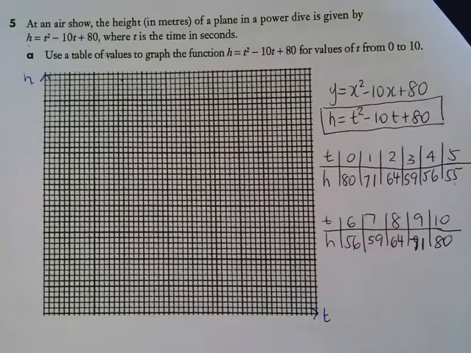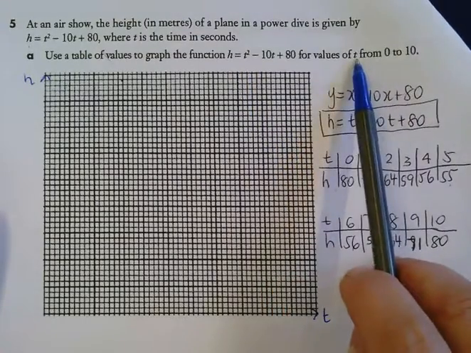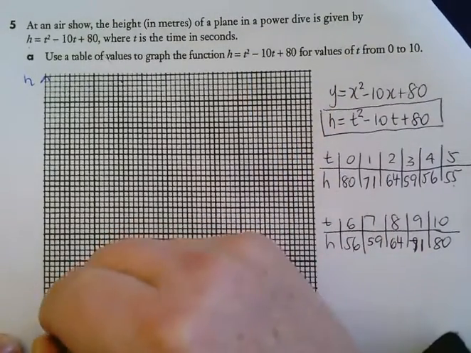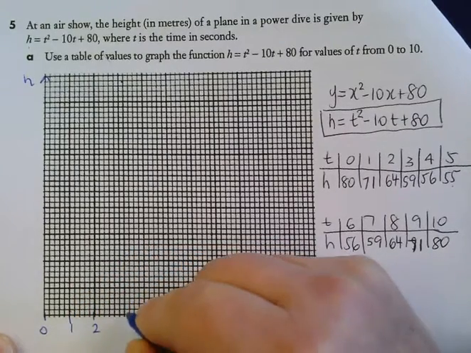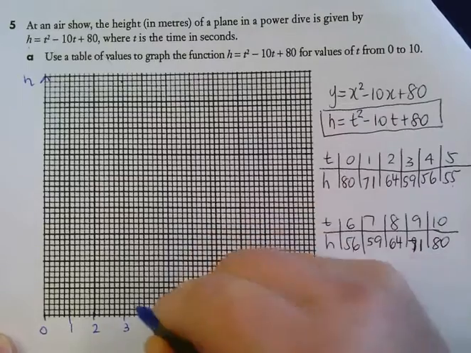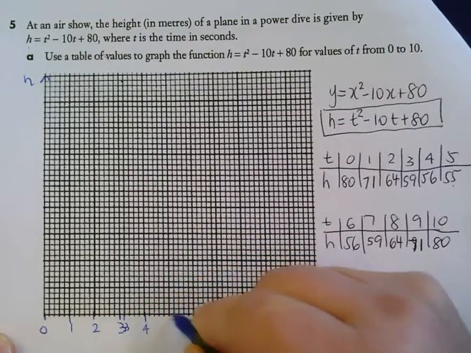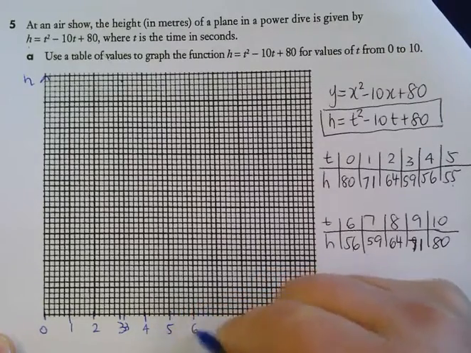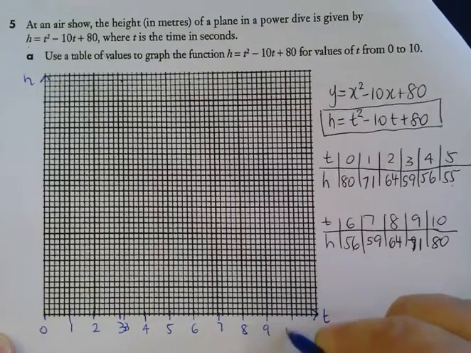from here, just sketching this graph. So we've done a table of values for values of t from 0 to 10. So we go 0, 1, 2, 3, 4, 5, 6, 7, 8, 9, and 10.